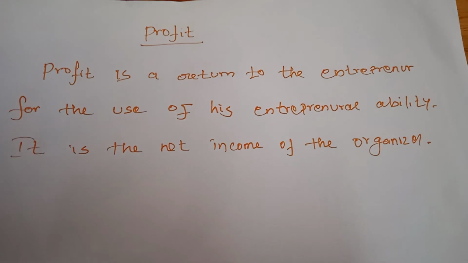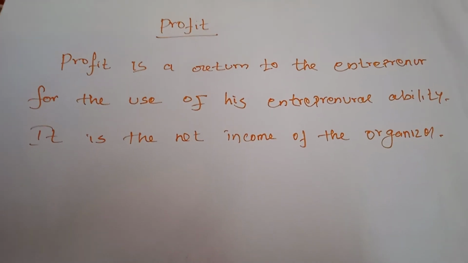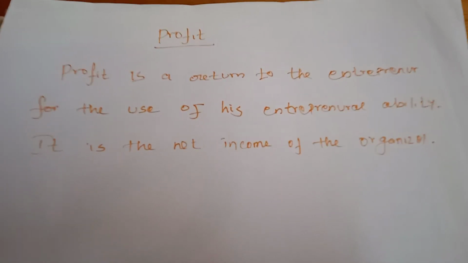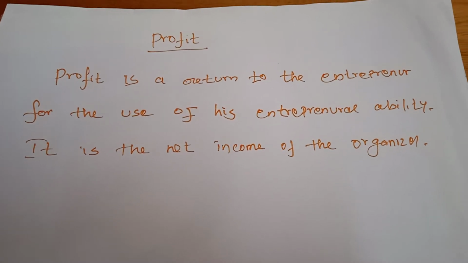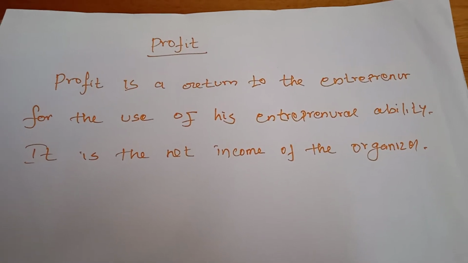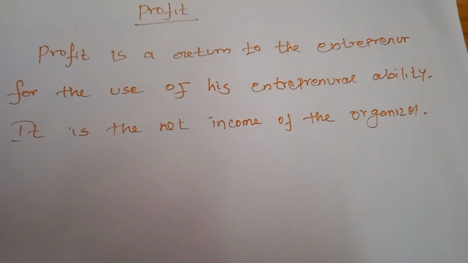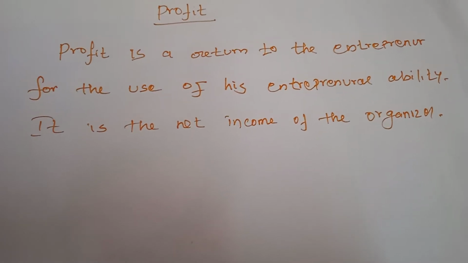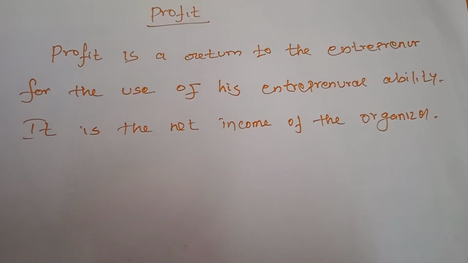Normally the organizer has to distribute some reward to the other three factors: land, labor, and capital. The land will get the rent, labor will get the wages, and the capital will get the interest. After distributing to all the other three factors, the entrepreneur can get his own reward.